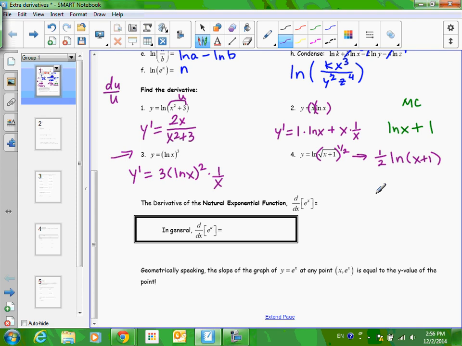You don't have to do this, guys, but I promise you it will make it easier, especially on a multiple choice where you're going to have to simplify your answer to figure out the right answer. So if you do this, then the derivative is just going to be 1/2, because that's just a number, so we get to just write it and say times.